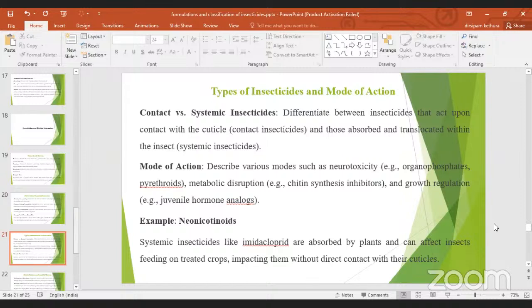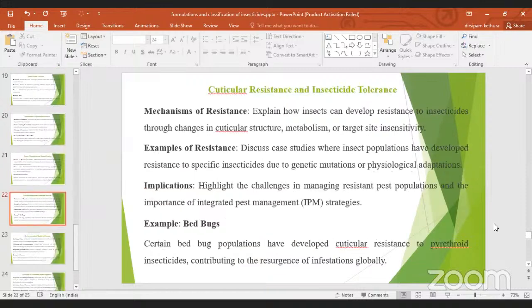Okay, and we already studied the mode of action also. Some of the insecticides act on the nervous system of the insects. Some act on the metabolic processes of the insects, and some directly act on the growth of the insects. Okay, so the examples are neonicotinoids.